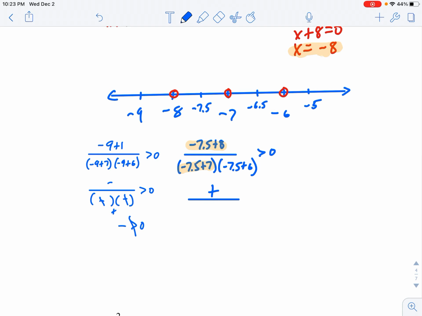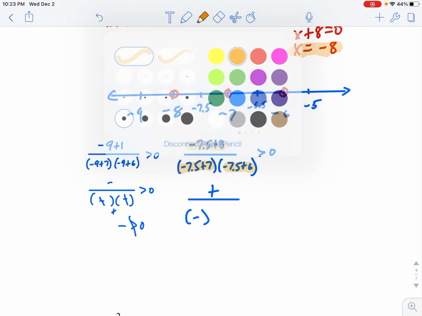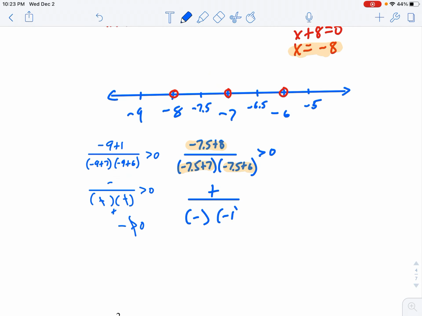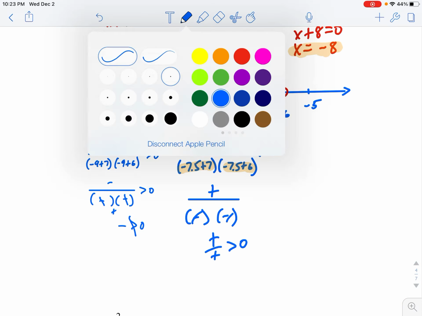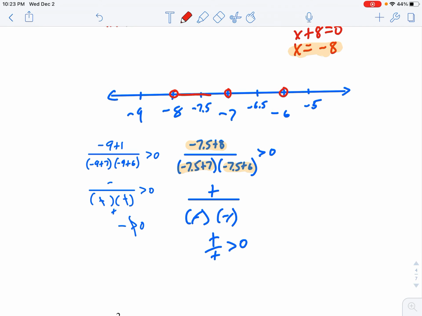This is going to be negative, and this is going to be negative, not negative 1, but a negative number. Negative times negative equals a positive. Positive over positive. Is that greater than 0? Yes, it is. So this gets shaded in.